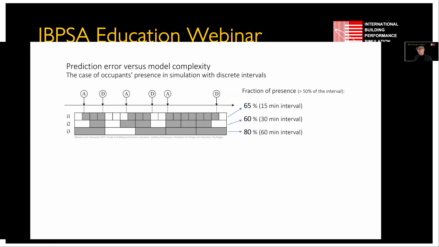If you go with a 15-minute interval, your assumption will be 65% occupancy over time, let's say a working schedule in an office. If you go for a 30-minute interval, you might have 60% occupancy, or with an hourly interval, you get 80% occupancy over the simulation period. So they are very different, as you see, and they're just a simple consequence of your decision in terms of the size of the interval and the rule you opted for when you decided how to define an interval as occupied or not.